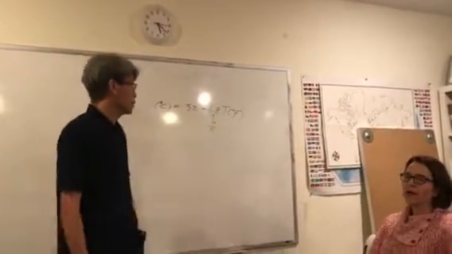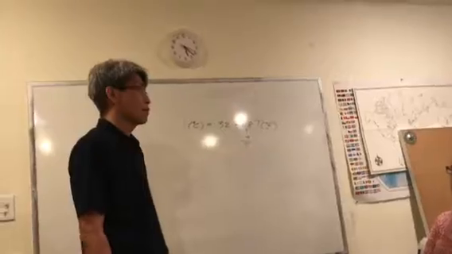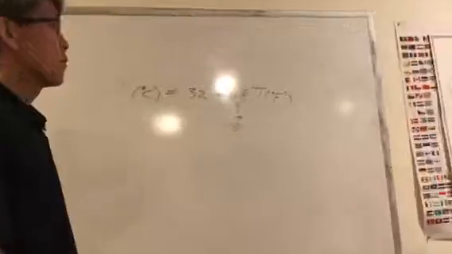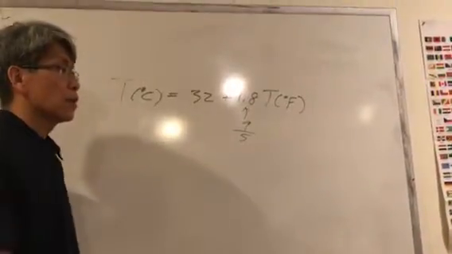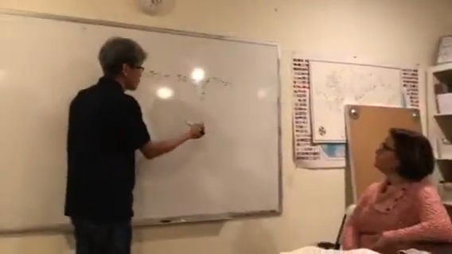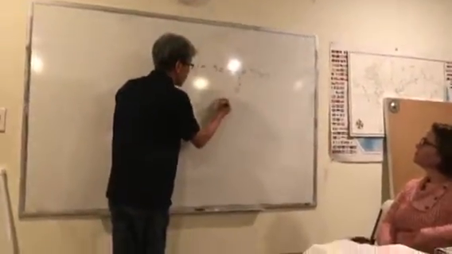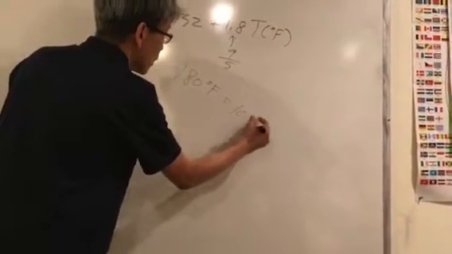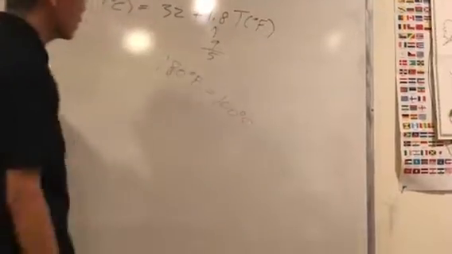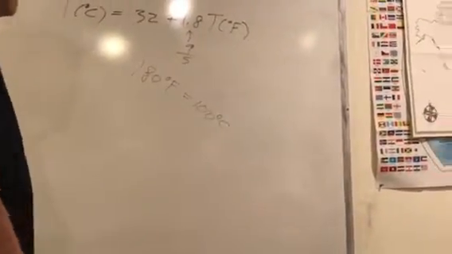Look at the 1.8, you guys. 1.8, 18, 180. Do you see the same ratio sitting there that we were just looking at? That's the change between the scales: for every 180 degrees Fahrenheit, it equals 100 degrees Celsius. Does that make sense?